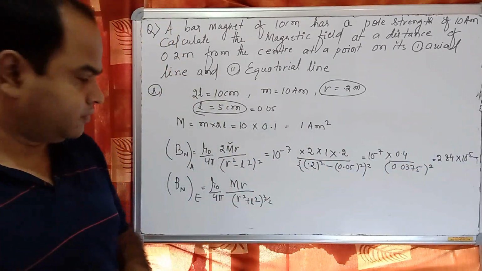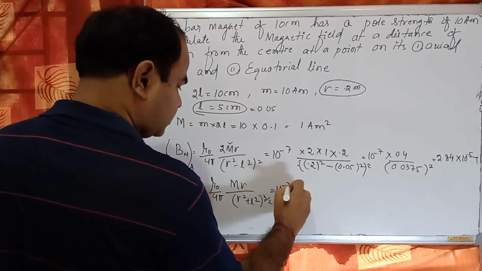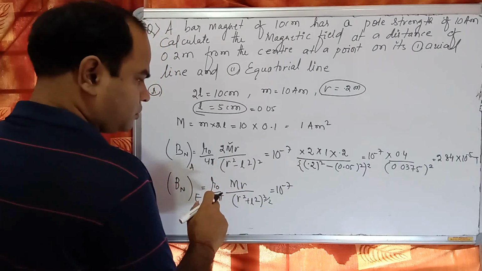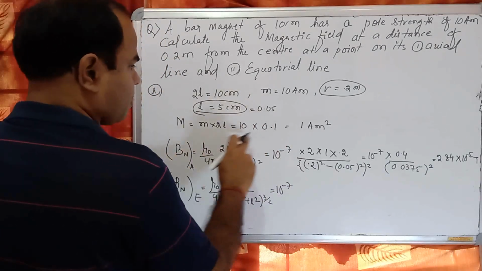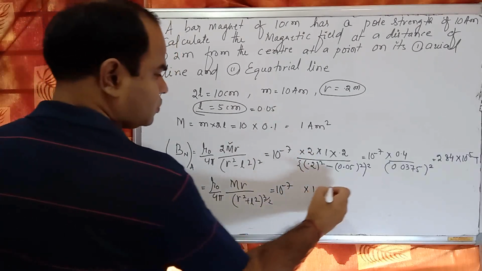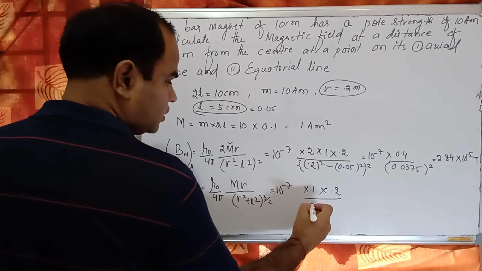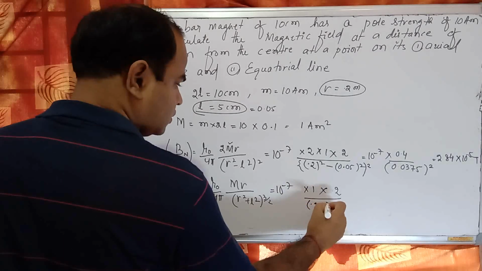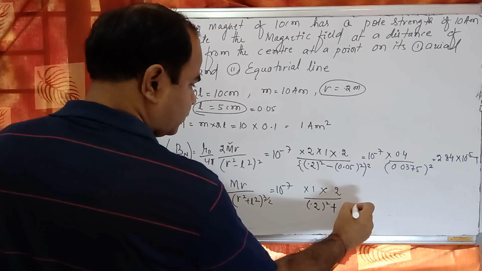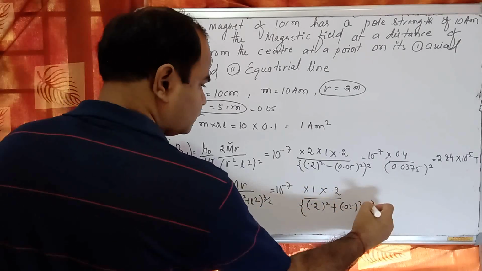For the equatorial point the formula will be 10 to the power minus 7, that is M is how much, M is 1, into r is how much, 0.2, divided by r square, that is 0.2 the whole square plus l square, l is how much, 0.05 the whole square to the power 3 by 2.